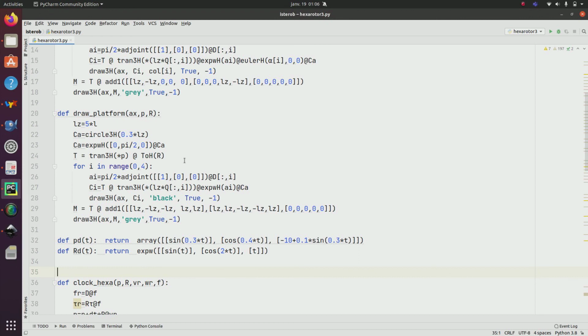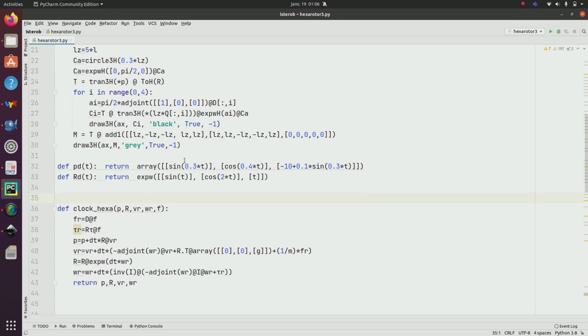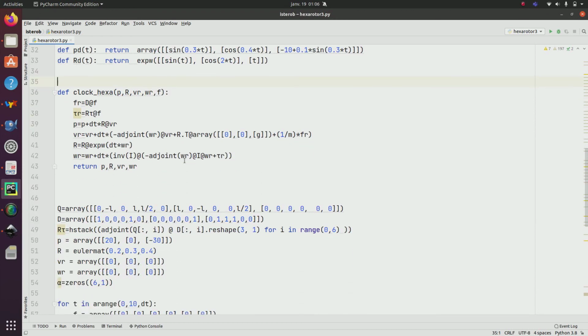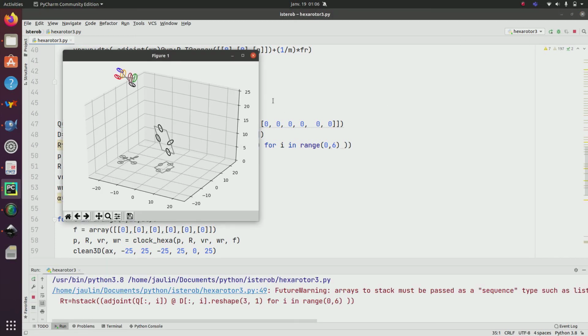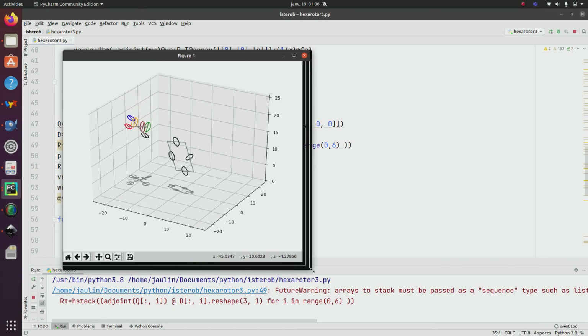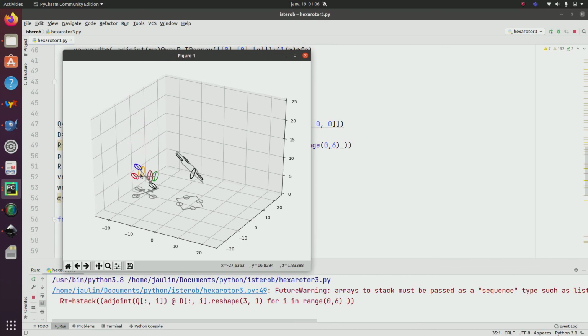So I draw the platform in my program here. I have added this. I run the program and I can see the platform, and we understand that since the controller is not implemented yet, the hexarotor is going down, but I want to dock on this platform.